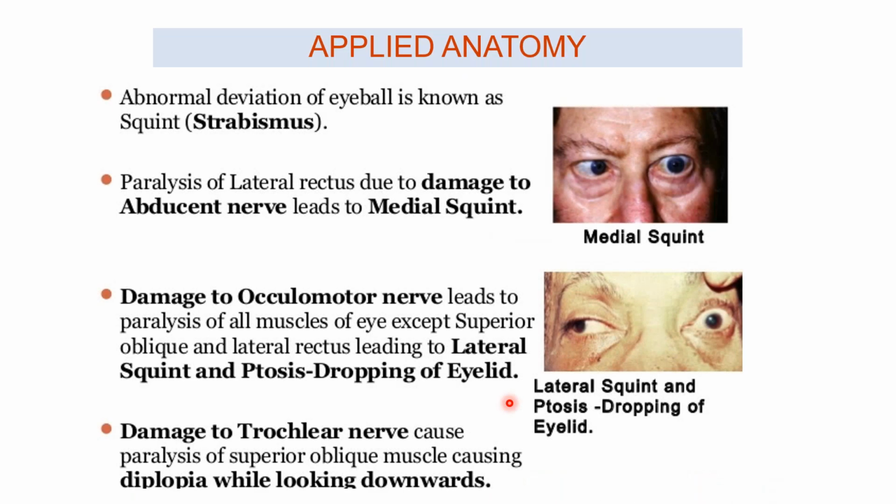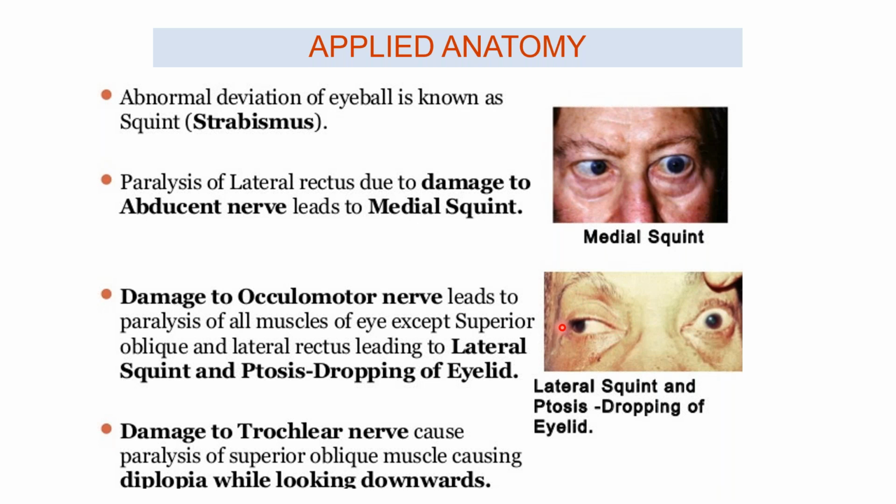Now this is the summary of all the squints, abnormal deviation of the eyeball, also called strabismus. Medial squint is because of damage to the abducent nerve, as the lateral rectus has been paralyzed, and damage to the oculomotor nerve, because of damage to the medial rectus, will lead to lateral squint.